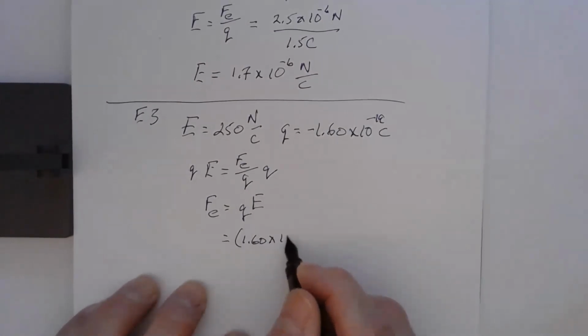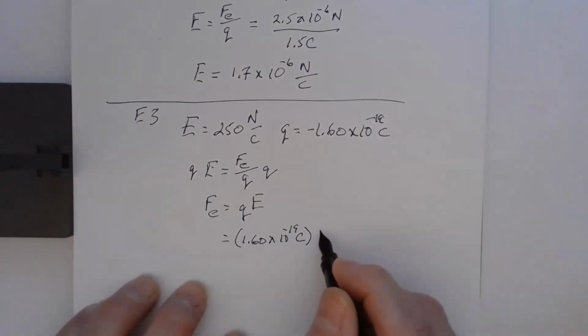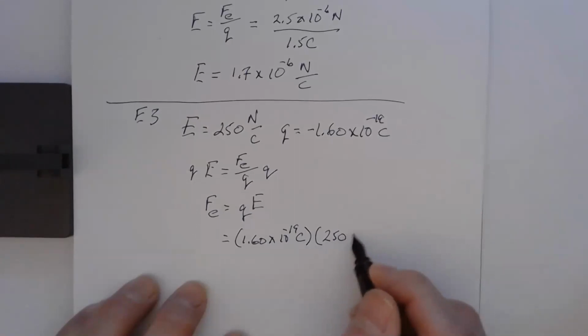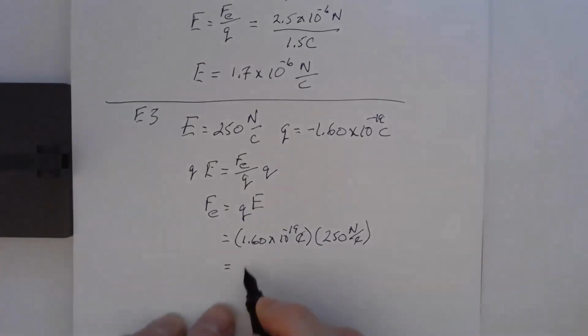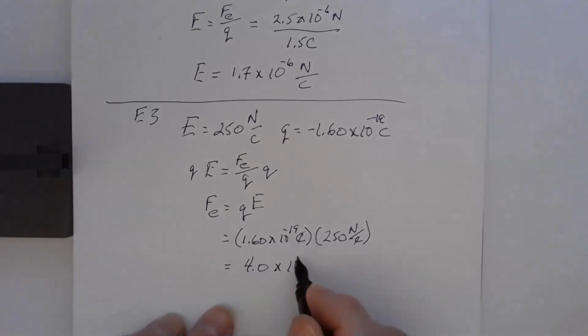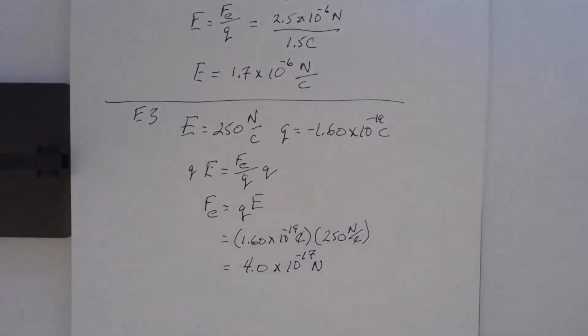We will decide on the direction tomorrow in different situations, different charge configurations. 250 newtons per coulomb. Notice that the coulombs are going to cancel, and then we just multiply. And you end up with 4.0 times 10 to the negative 17 newtons. So an extremely small amount of force acting.